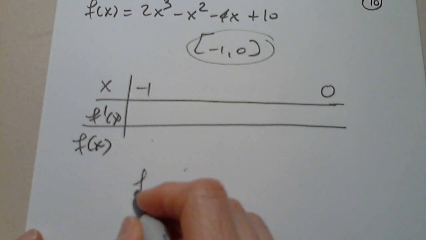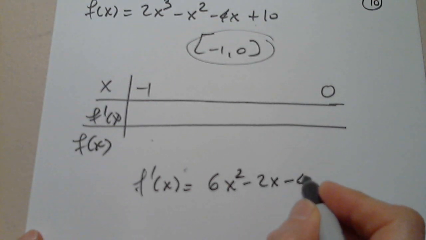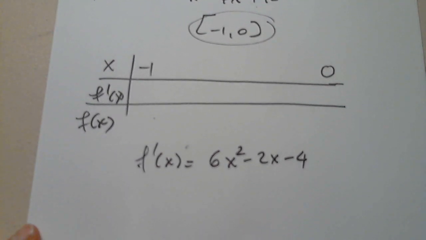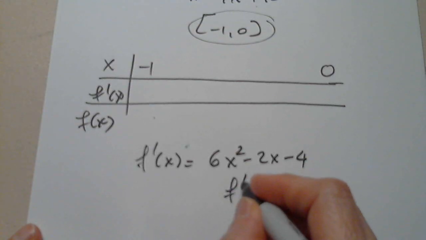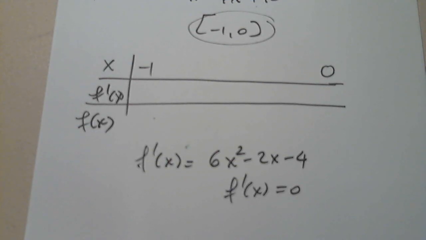All I need to find is f prime, which is 6x squared minus 2x minus 4. I set it equal to 0 and use the calculator to find the solutions.